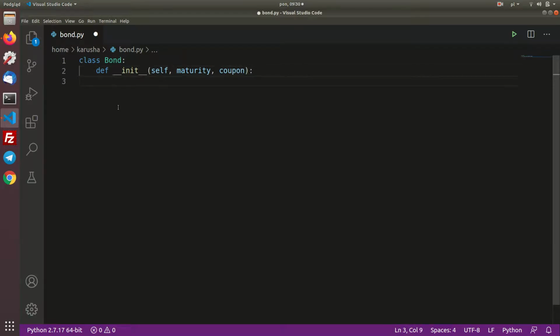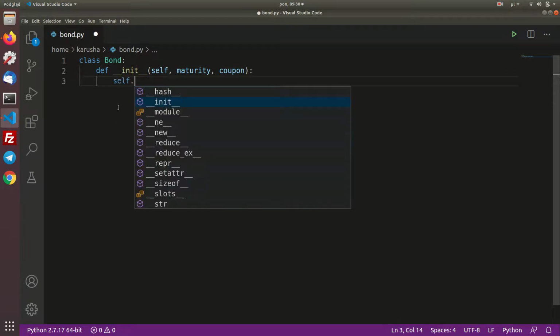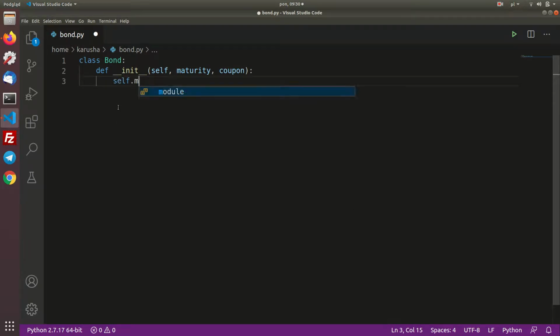In the constructor we will assign these variables to class attributes. So self maturity will be equal to maturity, and self coupon will be equal to coupon. Let's agree that the coupon will be paid annually for simplicity, and it will be expressed in percentage points.